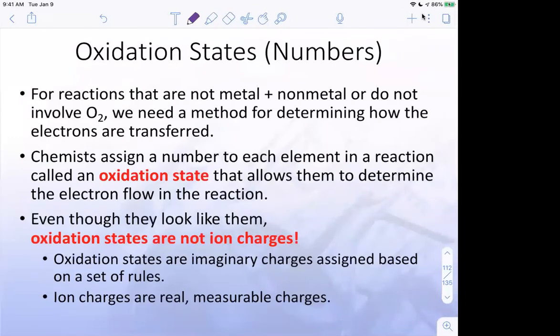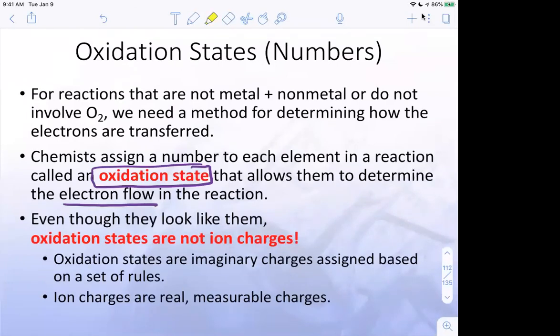Other times it's not that clear cut, like when I have my HCl example. So in order to determine how electrons are transferred, we use something called an oxidation state for every atom or element that is in a reaction. By looking for changes in these oxidation states, I can actually determine electron flow in the reactions.